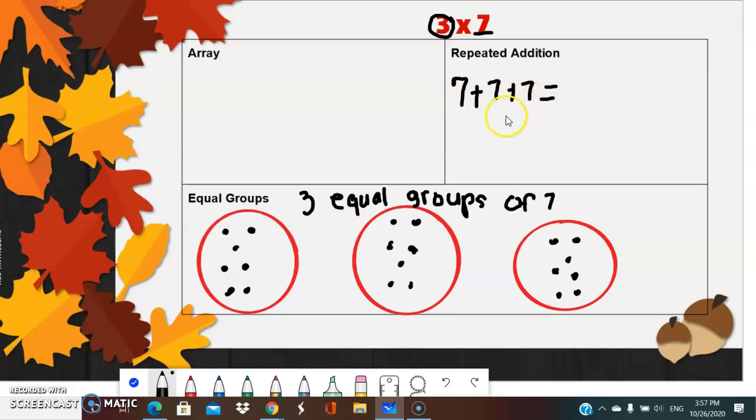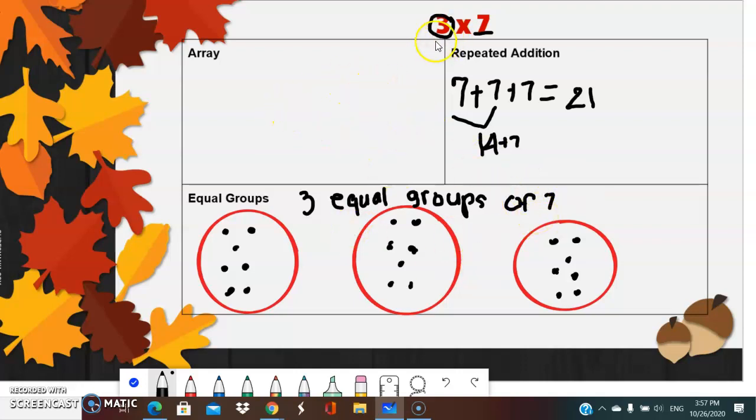If I don't know, I know that my doubles, 7 plus 7 is 14. And if I add 7 more, it will give me 21. Another resource to help me determine what my sum would be for repeated addition is I can simply count up each group and see what my total is.